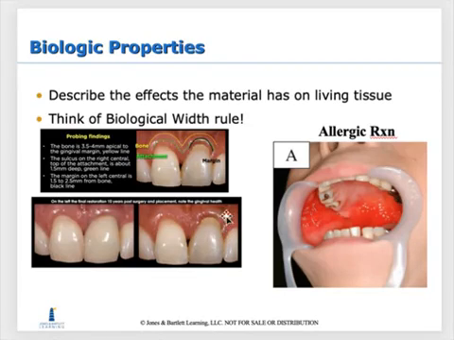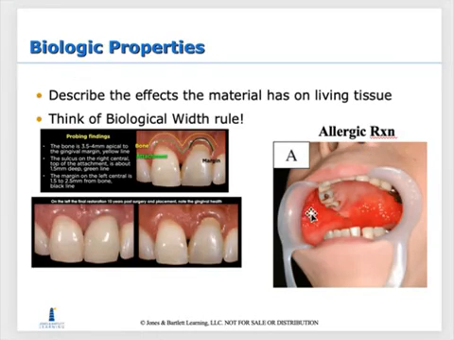You can see here, this is the before, that the tissue is obviously very inflamed, enlarged, puffy. And when that material is reconstructed and appropriately sized, it looks so much better, right? This is the after. So that's one way to understand the biological effects of a material.